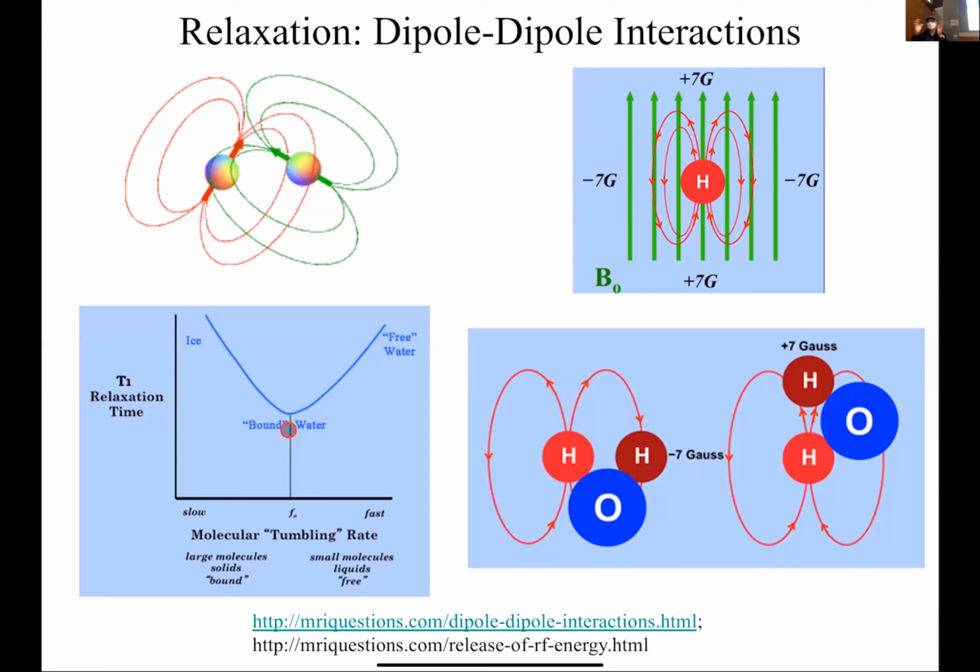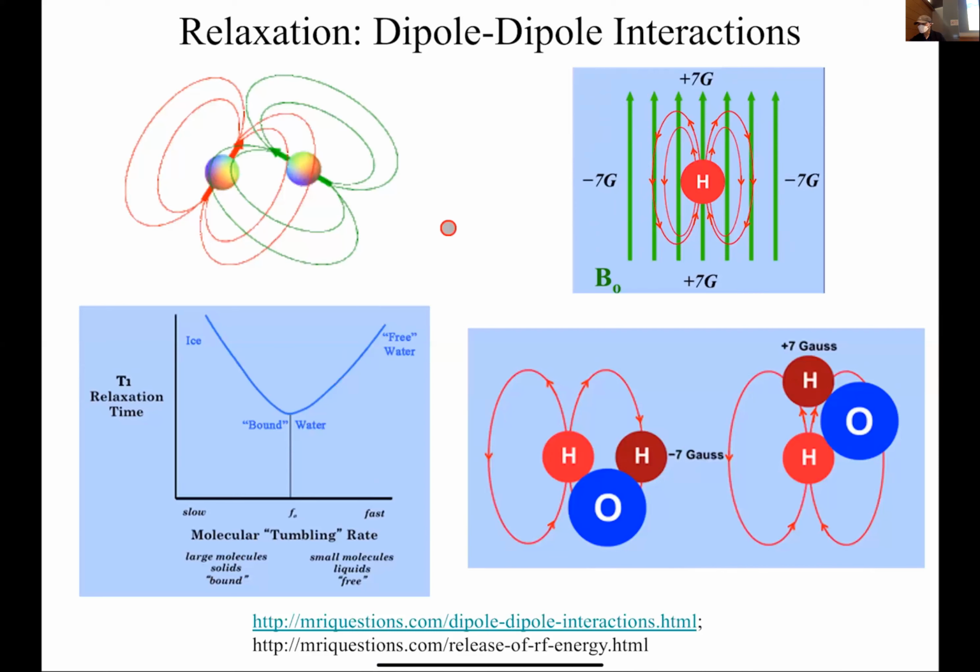And if I'm away from that frequency, I'll try to tip you back to equilibrium, but I really can't do it. So if the vibration of the surrounding spins, or the lattice, is at the right frequency, then I can return to equilibrium much faster. And if I'm too fast or too slow, I don't return as fast. So there's this typical U-shaped curve here.